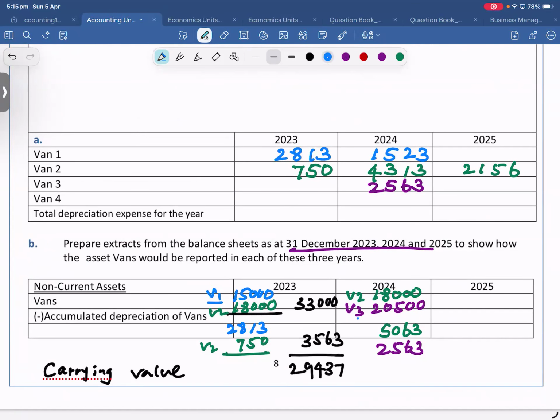This is going to give us 38,500 and 7626. So you take it away, 30,874. That's for 24, guys.